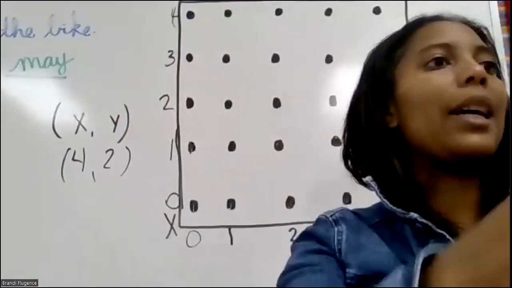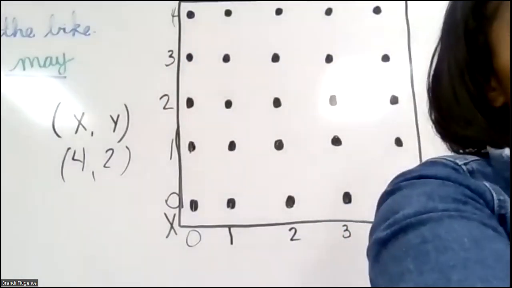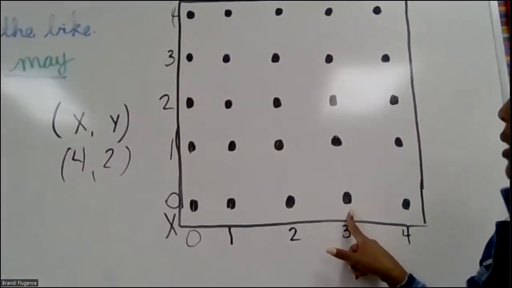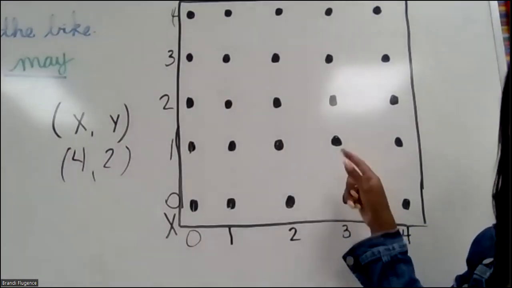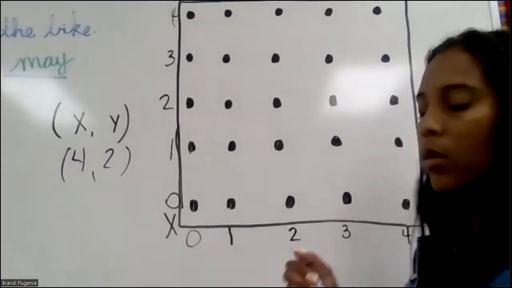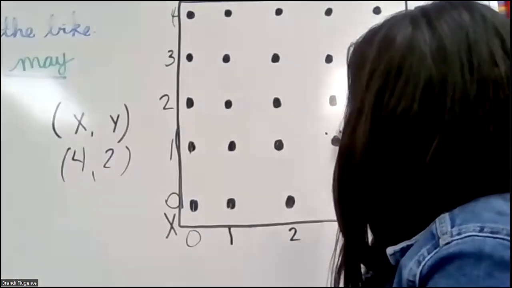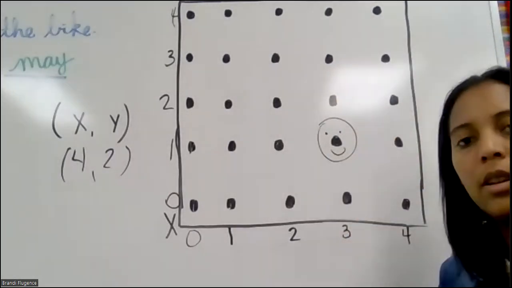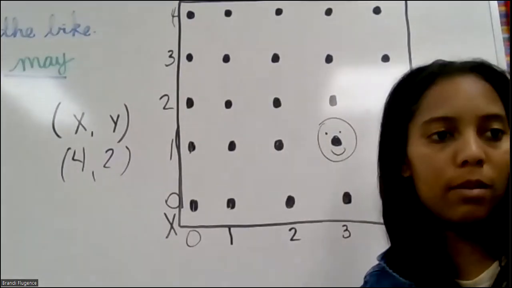Now let's find where the Y is. So 3, and then we said 1. That's where our smiley face is.